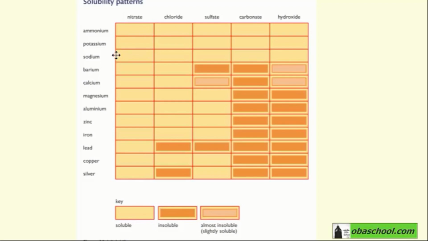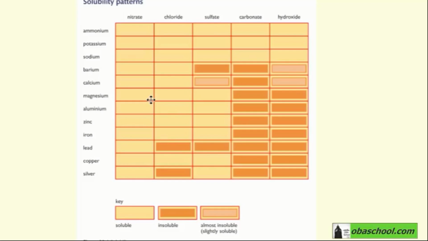Let's see if calcium sulfate, for example, is soluble. Here's calcium, and here's the sulfate. So we start horizontally from calcium till reaching sulfate, then going up vertically. So this is the meeting point. This box is almost insoluble.